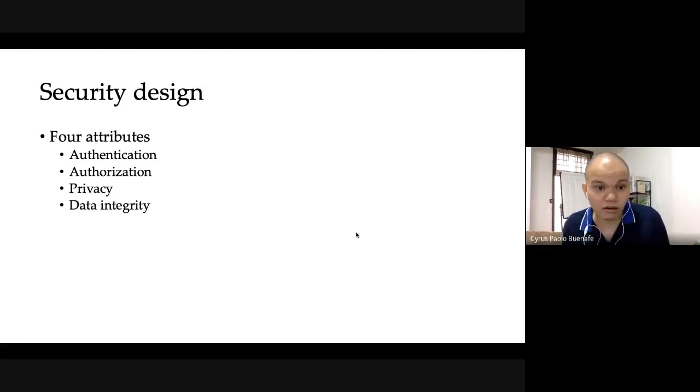Data integrity is also part of security, wherein there's no data corruption, that whatever happens along the way, what was expected to be complete will still be complete throughout the process. Sometimes when you think of security, we're thinking of intruders. But as simple as data corruption, that is also a security concern.